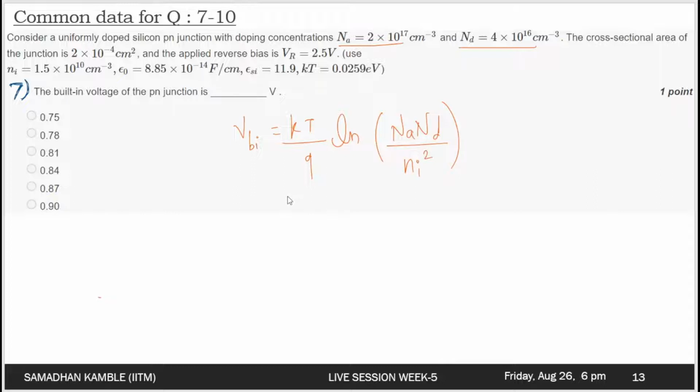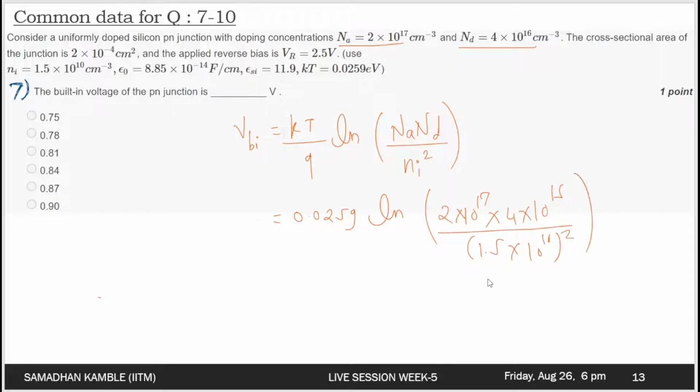If we substitute all these values, 0.0259 ln of 2 into 10 to the power 17 times 4 into 10 to the power 16 divided by Ni, which is 1.5 times 10 to the power 10, whole squared, we'll get the value of built-in potential V built-in as 0.81 volt. Okay, so this was quite simple.